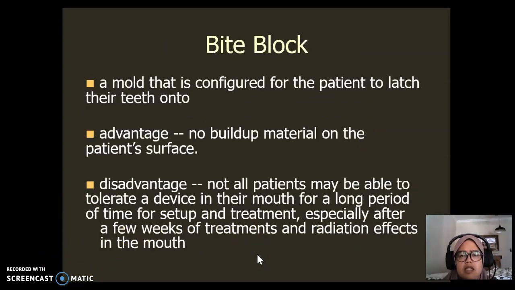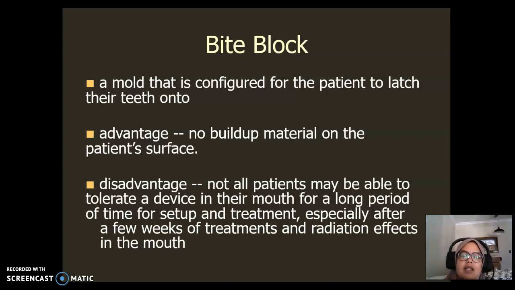Okay, another thing that is commonly used for the head and neck is what is known as a bite block. A bite block is like a mold that we give to the patient so that the patient can bite into it and clench their teeth onto the block. One of the advantages is that there will be no build-up material on the patient's surface.